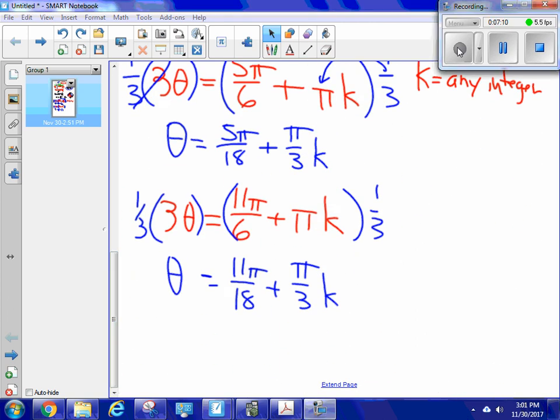And I'm going to do one more thing to make my life a little bit easier. This is 5 pi over 18, and this is pi over 3. As I'm doing this work and I make my table, I'm going to have to figure out a way to add those two together. And if I'm adding fractions, it's a whole lot easier to add them together if I have a common denominator. So instead of pi over 3, I'm going to multiply that by 6 over 6.